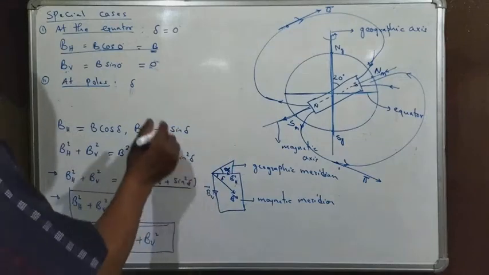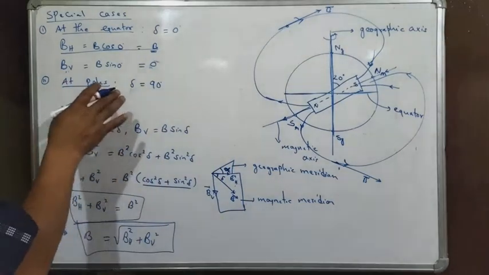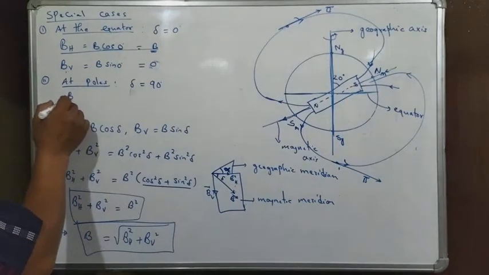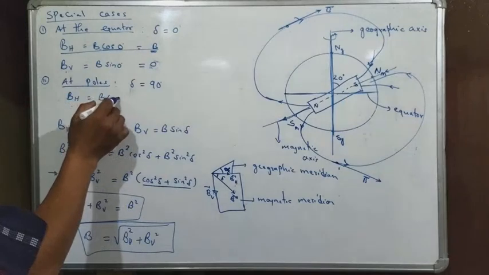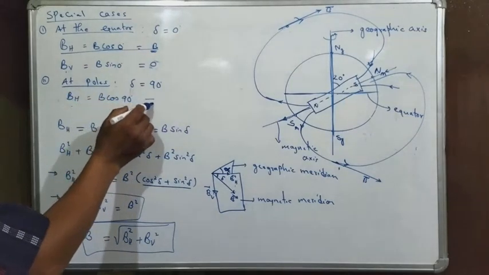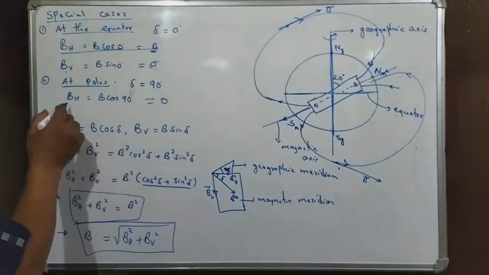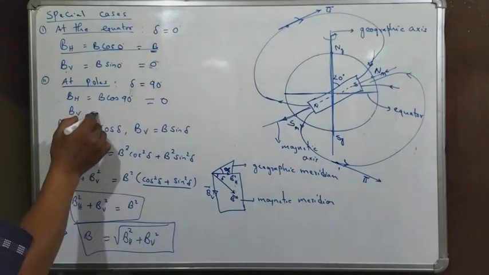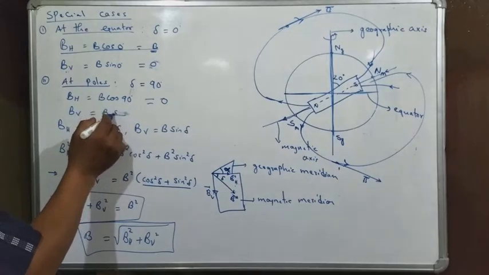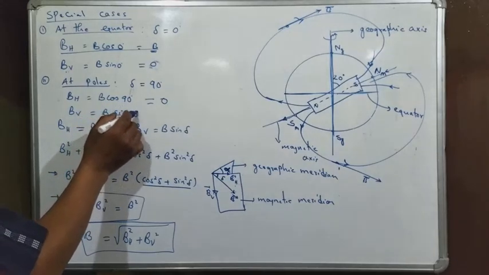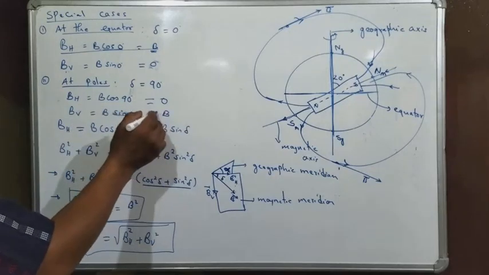So this angle delta will be 90 degree. When delta is 90 degree, BH is B cos 90 degree. But cos 90 is 0, so 0 times B will be 0. And BV is equal to B sine 90 degree. Sine 90 is 1, so 1 times B will be B.